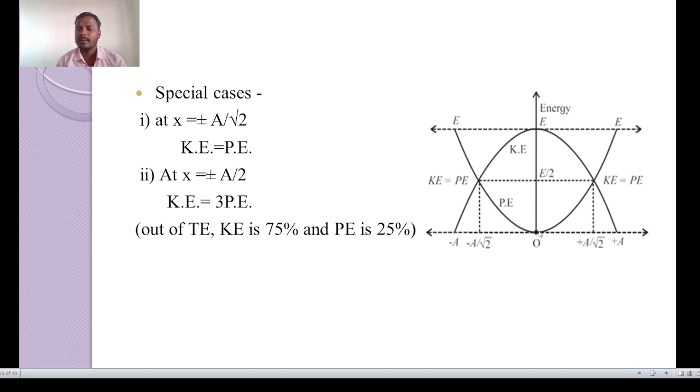At the mean position, potential energy is 0, but kinetic energy has its maximum value. When the particle goes toward the other extreme point, its kinetic energy decreases, but its potential energy increases. At the extreme position, kinetic energy is equal to 0, and the total energy is only potential energy.